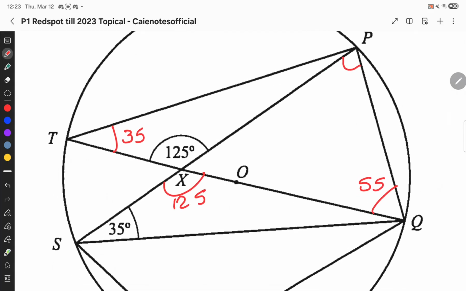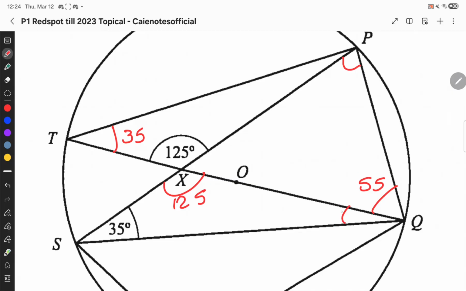You may not see it, but I do see it. We know for P, we need these two angles to be done because this is on this triangle. And for this angle to be used, we need to complete it first.